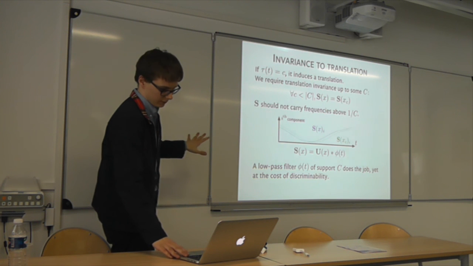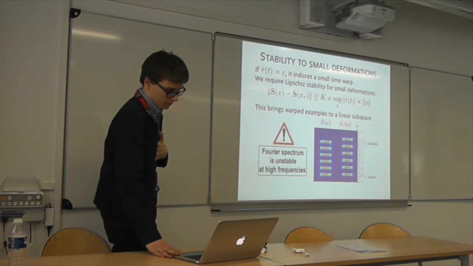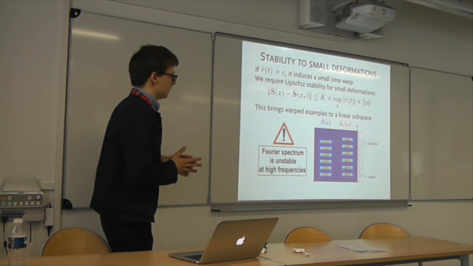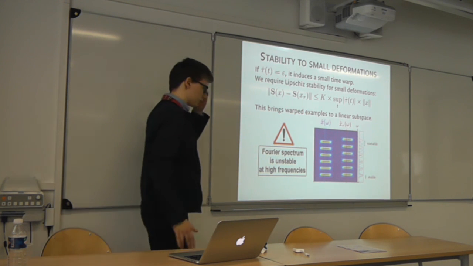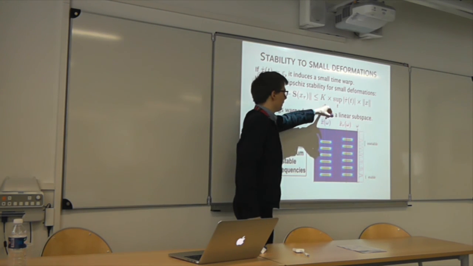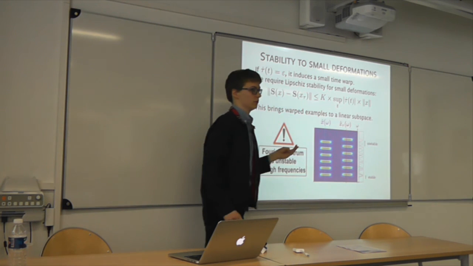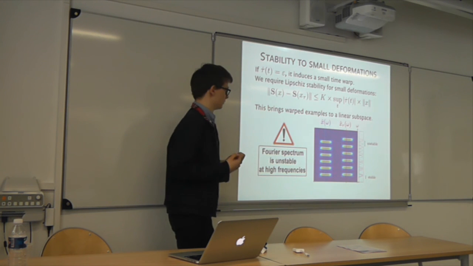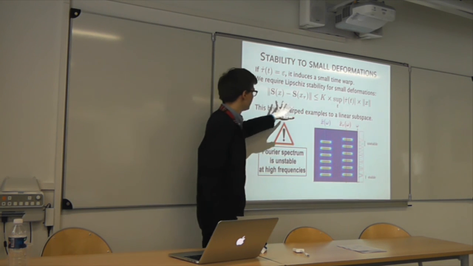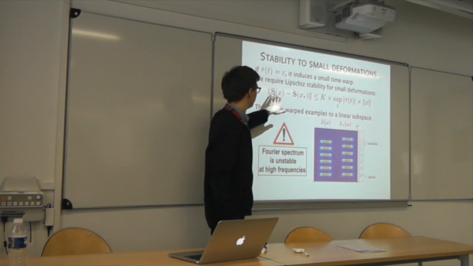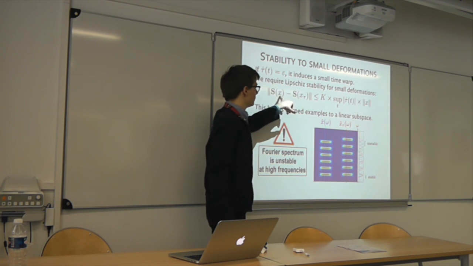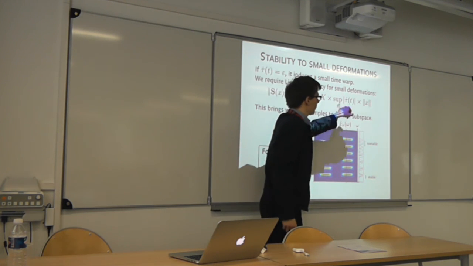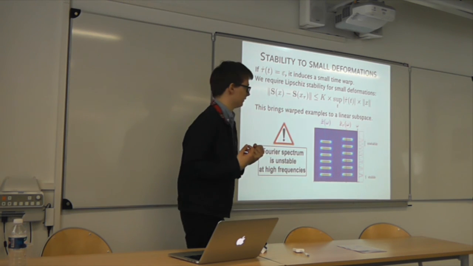So that's for invariance. Now to stability. Well, we can specify a norm for tau, which is, if you bear with me, the maximum of the derivative of tau, so the maximum amount of deformation. So the change in representation, the change between S of x and S of x_tau in Euclidean norm, should be of the order of the maximal amount of deformations in time.